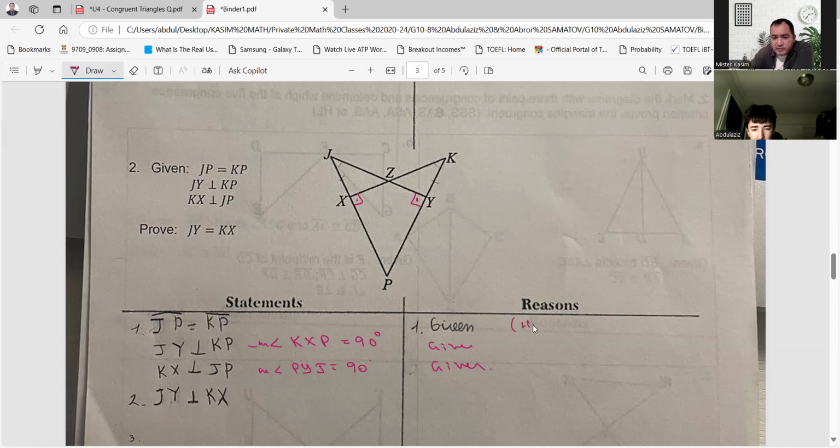They're hypotenuse, right? Actually, I'm not saying that because of hypotenuse, because it's given, hypotenuses are equal, and also right angle. JP and KP is given. All right. It's 90 degrees.